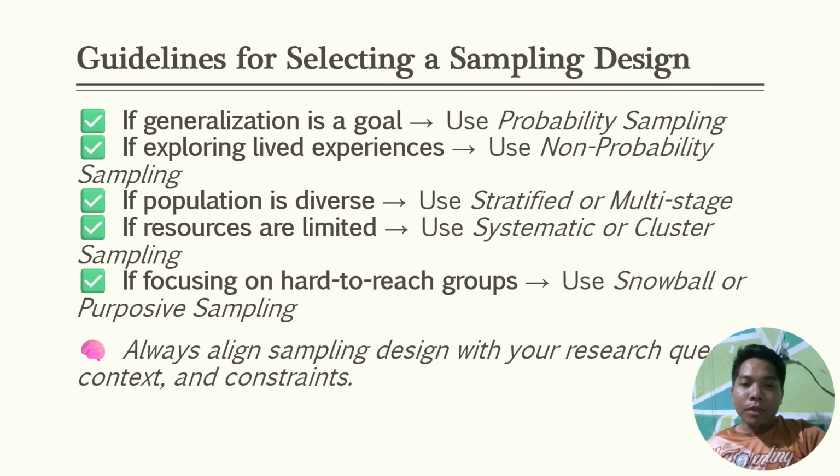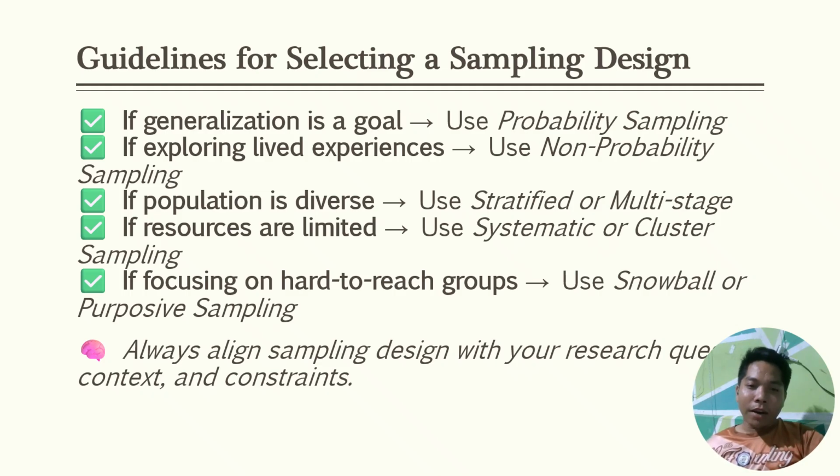Guidelines for selecting a sample design. If generalization is the goal, you use probability sampling if you want to represent a group or a population itself. But if it is exploratory, for example, you want to study lived experiences in a phenomenological study, you use non-probability sampling. If the population is diverse, use stratified or multi-stage sampling for more reliable and valid data.